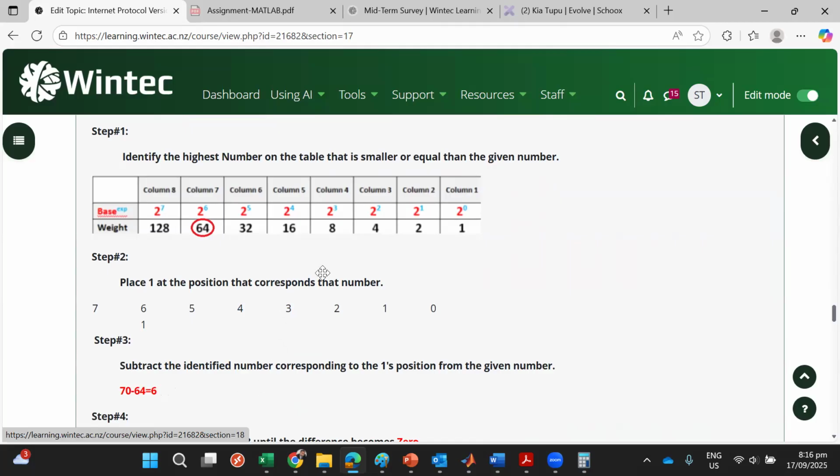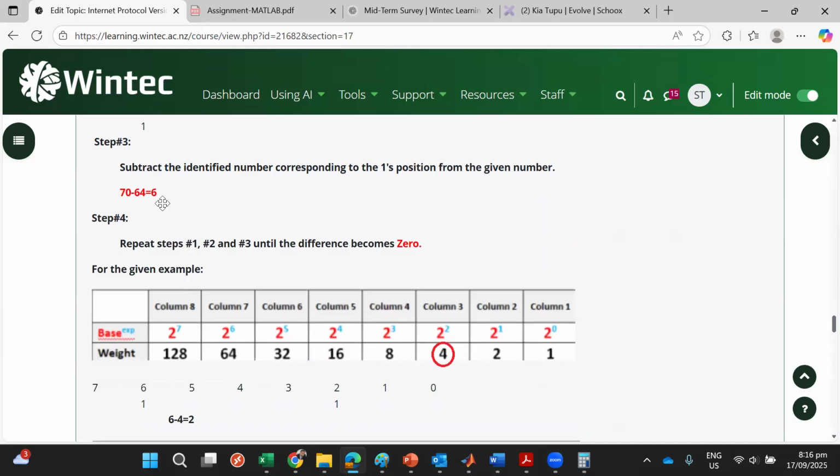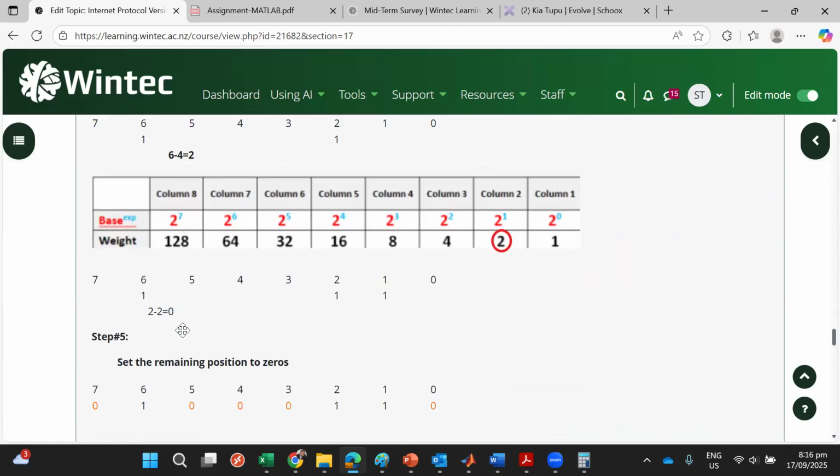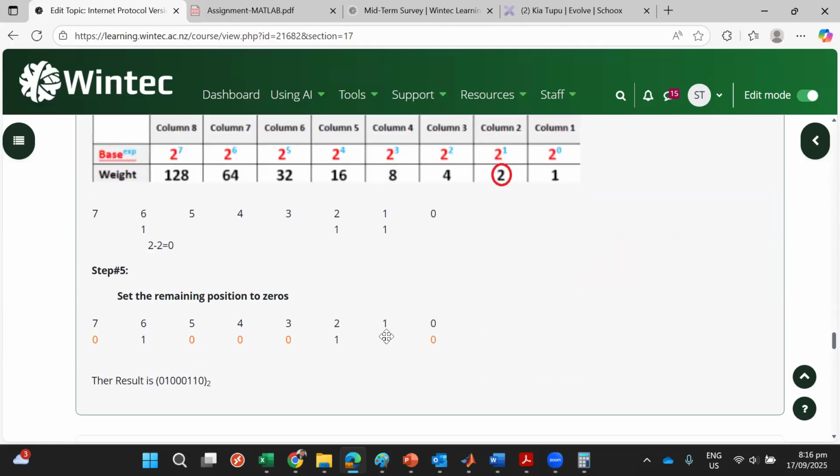Then repeat steps 1, 2, and 3 as long as the difference does not become equal to 0. So we have 0 here, and then I will stop. I have found all the ones, and the remaining bits will be 0. So that will be the binary number corresponding to 70.